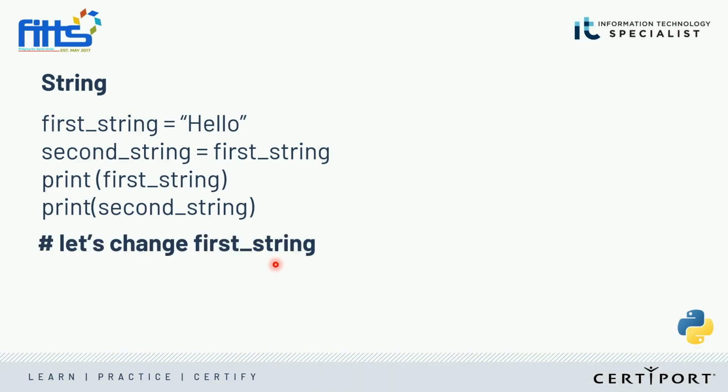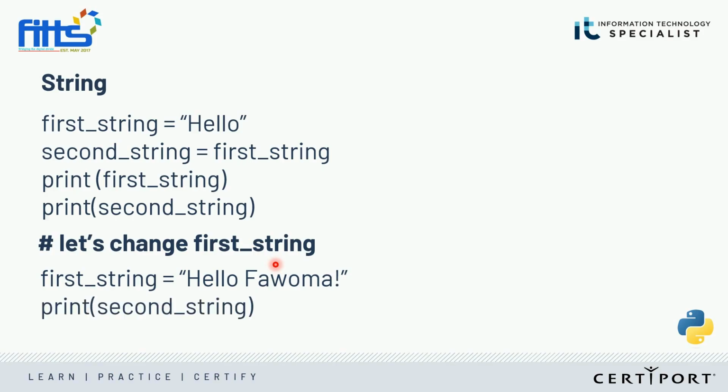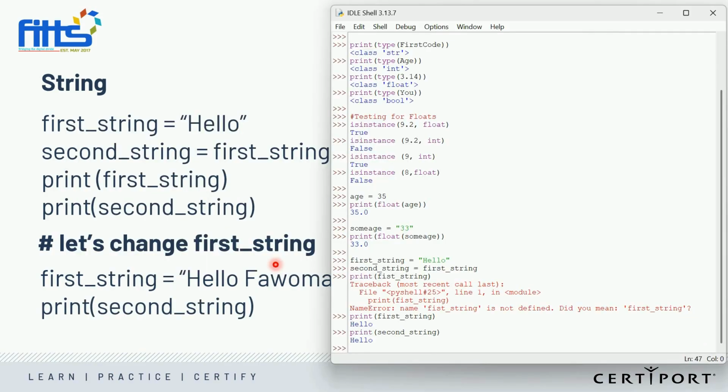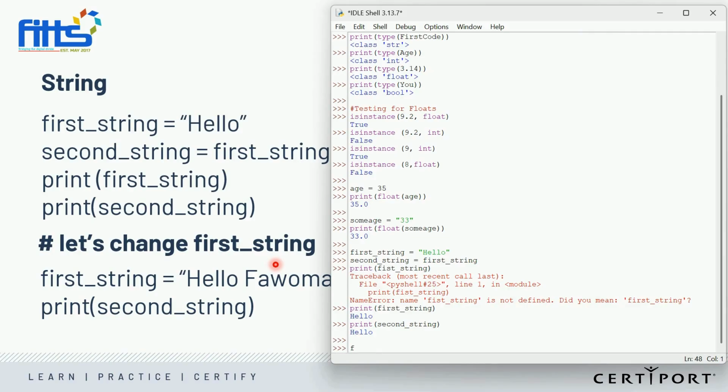Okay, now let's change the first string. Now we say first string is equal to hello Falma. So we are talking about the immutability of strings. Now let's look at it. So our first string is equal to my name, hello Falma.